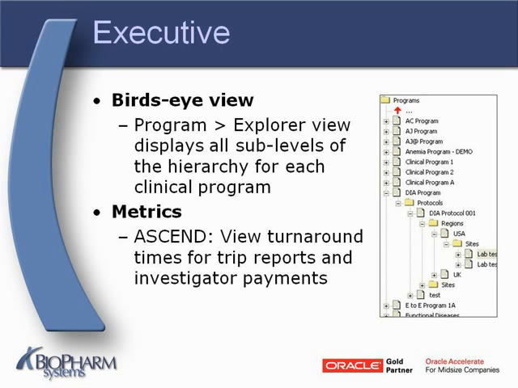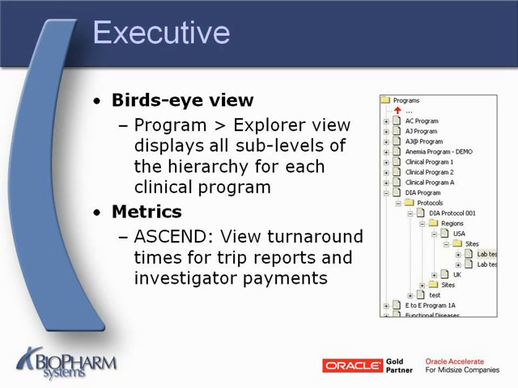So what we did is we put some metrics within Ascend where you can view turnaround times for trip report submissions and approvals, as well as investigator payment request, then approval, and then finally paying the investigator. So really trying to focus in on 2 or 3 key areas where it shows us how well we're doing as an organization in terms of turnaround time.